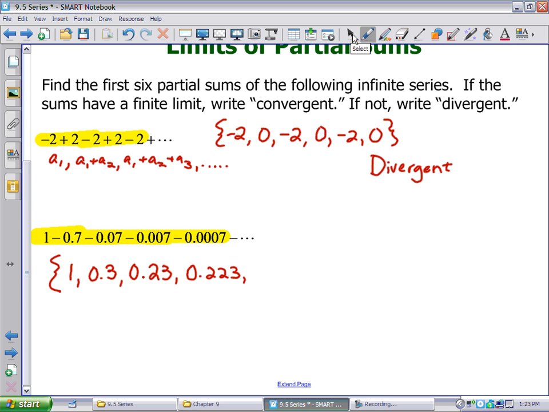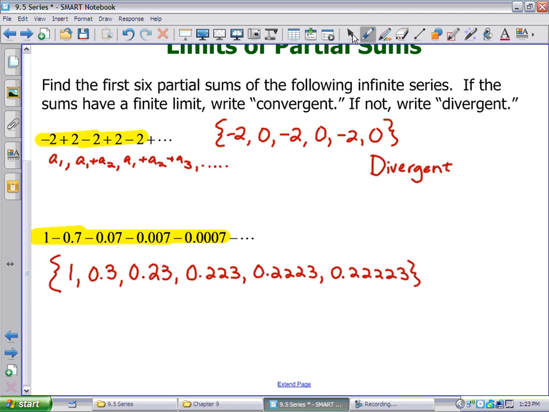And I'm going to get a sum of 0.2223. So we have 1, 2, 3, 4, 5 numbers so far. We want a 6th partial sum. And you can tell from the pattern up here that my 6th partial sum should be 0.22223. Okay, so there's my 6 partial sums.